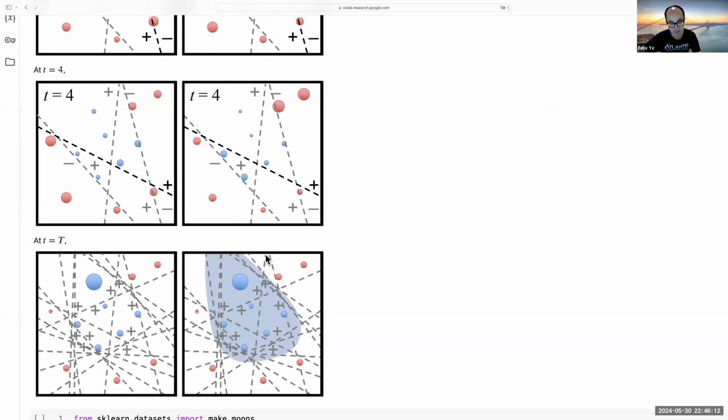With a linear combination of all these logistic regressions, it turns out that we can create a nonlinear boundary on the whole space right here.